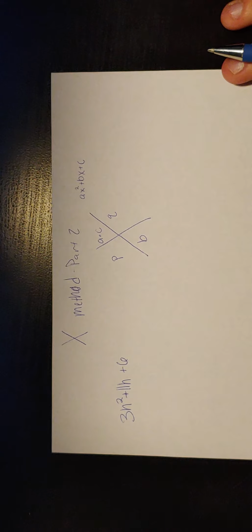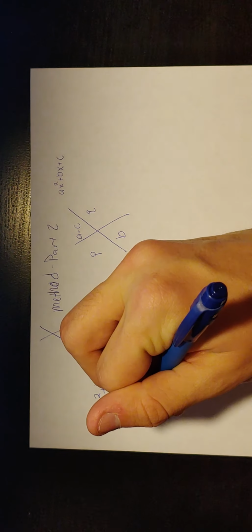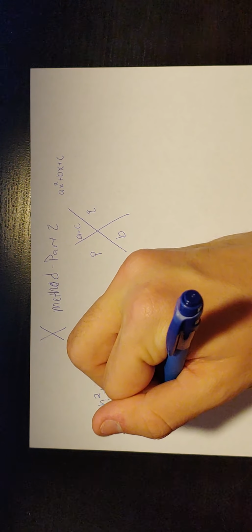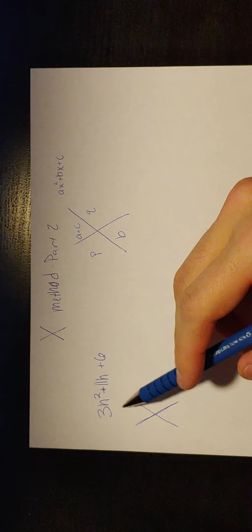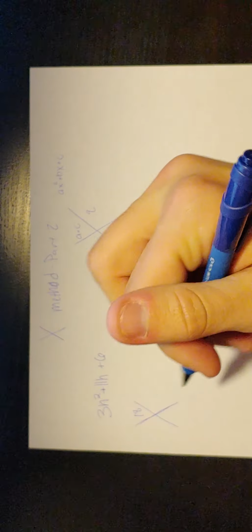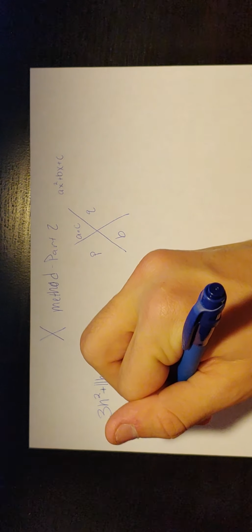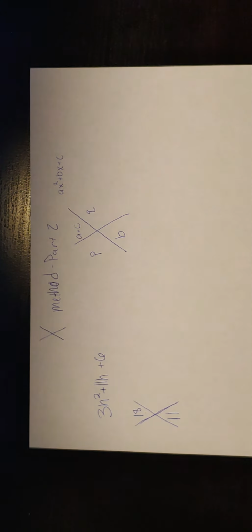Okay, so we're going to start off with this example, 3h squared plus 11h plus 6. So up in the top, I put 3 times 6, so 18 goes up top. And then in the bottom, I put 11.